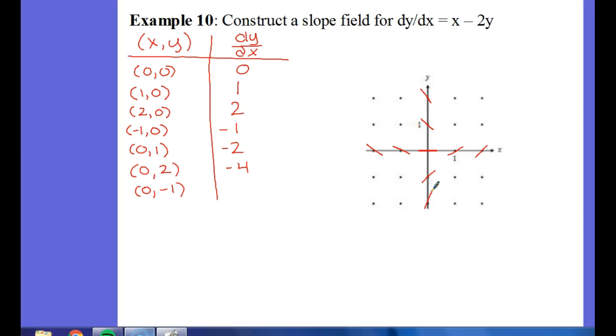We could pick (1, 1). You don't have to fill out your table, you're just plugging them in. So 1 minus 2 is -1. Again, this point should have a slope similar to this point here.